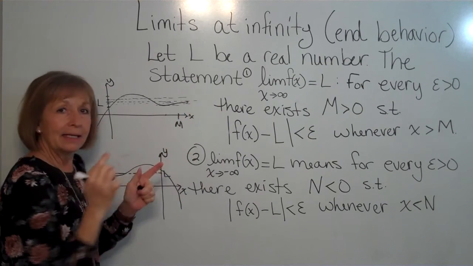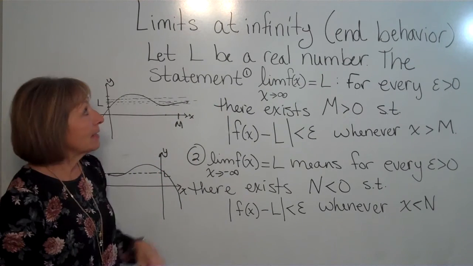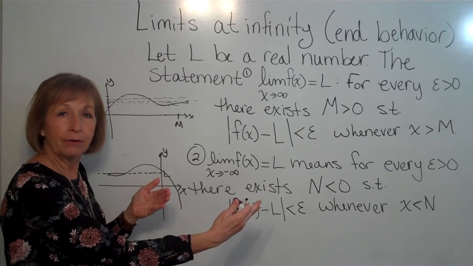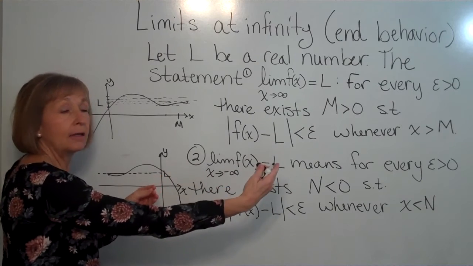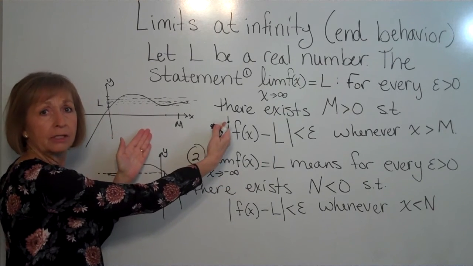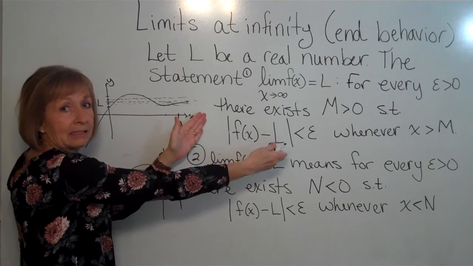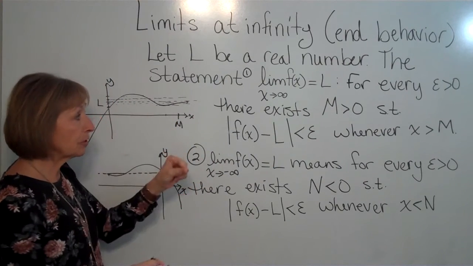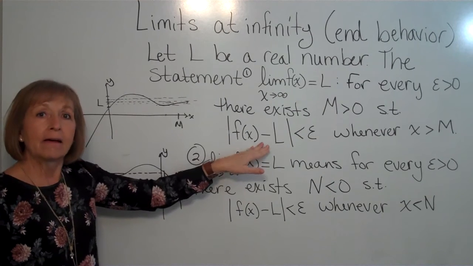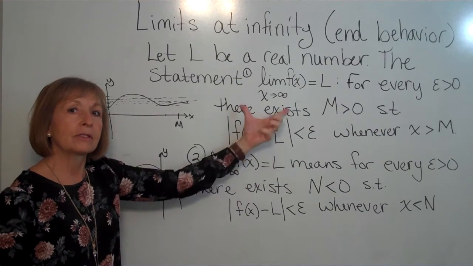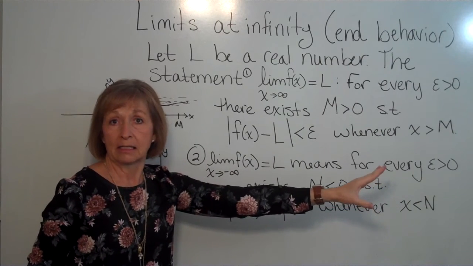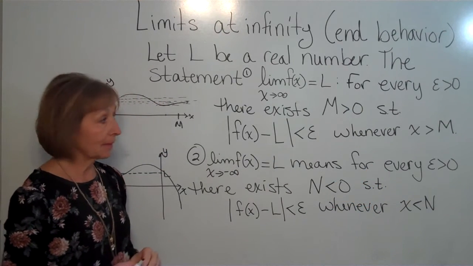So when I'm looking at these limits at infinity, what you have to do for every epsilon greater than 0 is give a far enough out value so that any x after that will produce a function output close enough to your L that the absolute value of the function output minus L will be less than epsilon, for all of the x's out to the extreme.